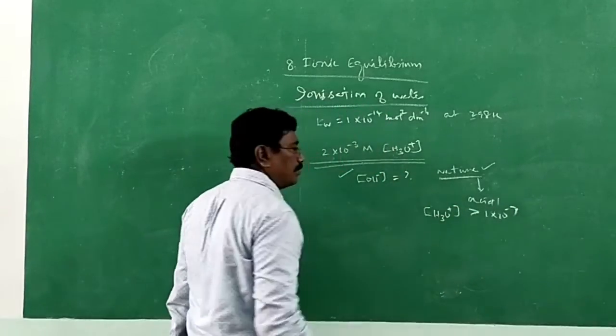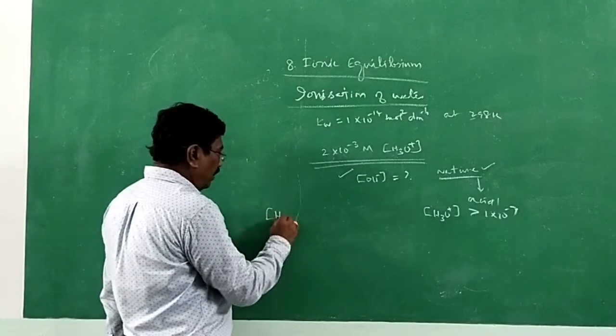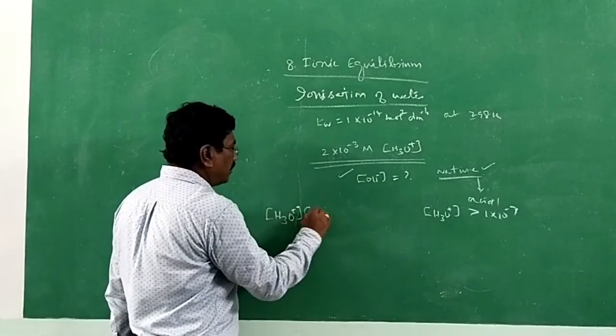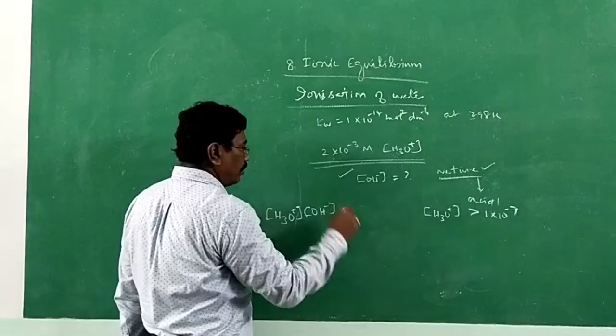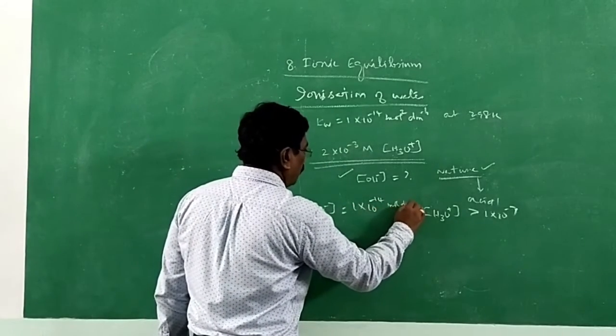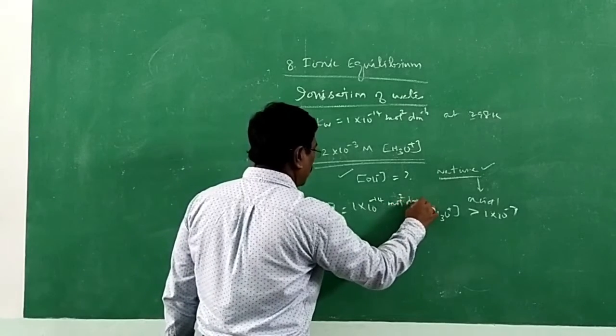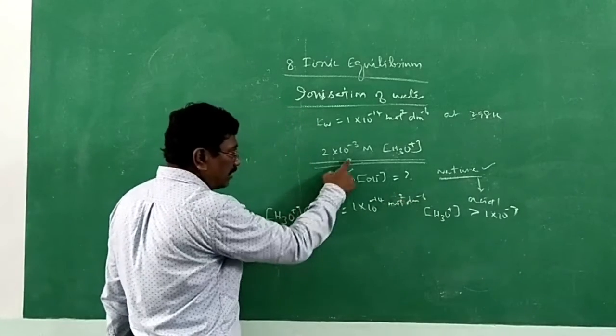Now, what is hydroxide ion concentration? We know that hydronium ion concentration times hydroxide ion concentration for any aqueous solution is 1 into 10 power minus 14 mole square decimeter to the power minus 6. Now, hydronium ion concentration is given.